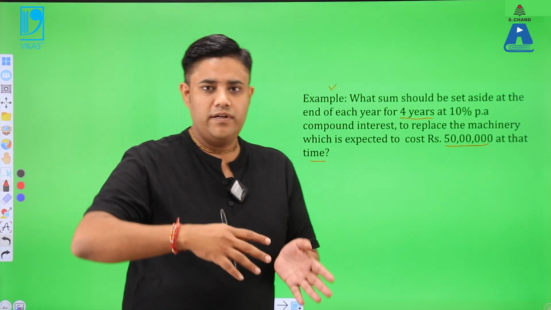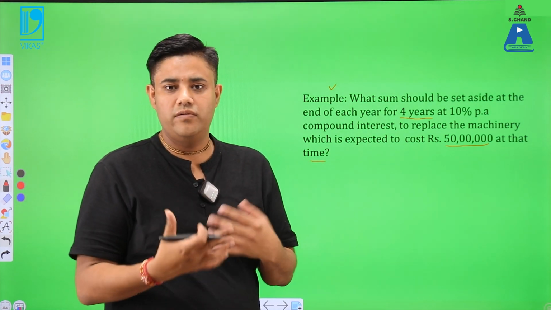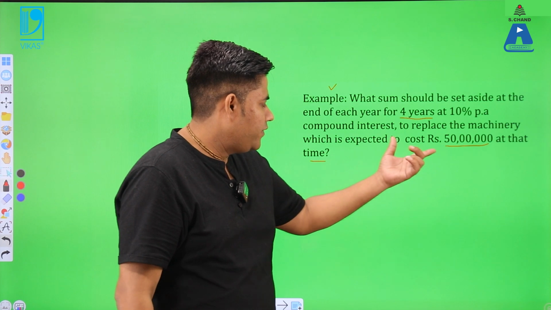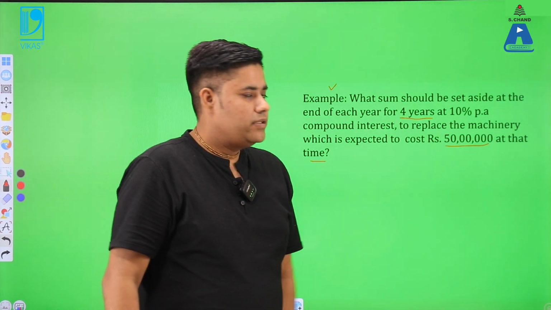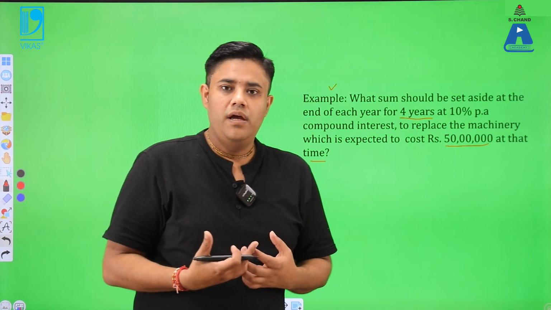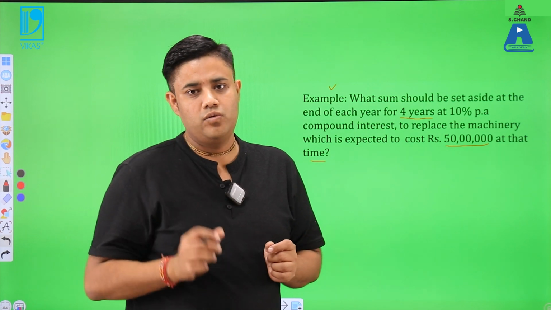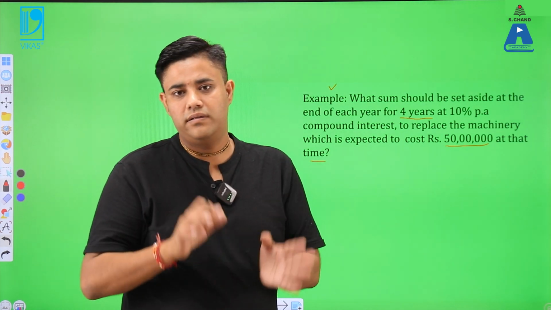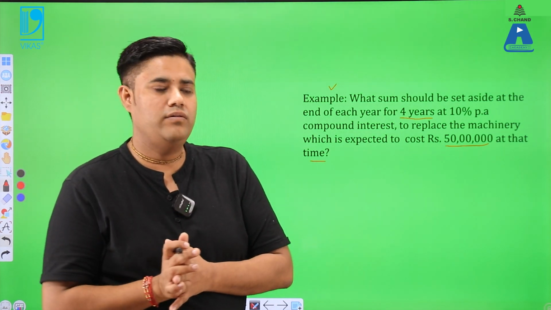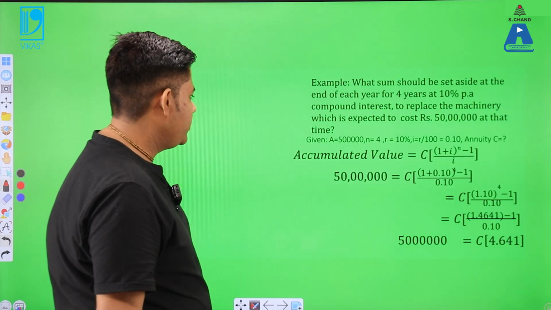So after 4 years, the machinery that the person wants to purchase has an amount of this much, and the person is looking for the principal value to be given to the bank, so that he may get the accumulated value of this amount. So we'll have that particular set of calculations.